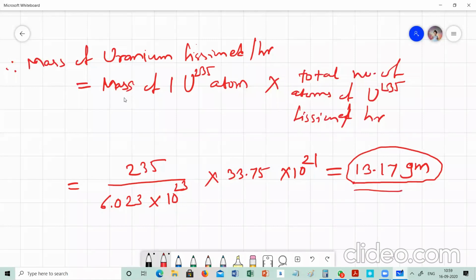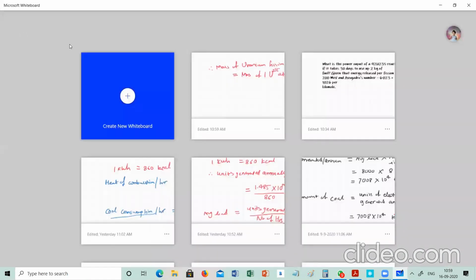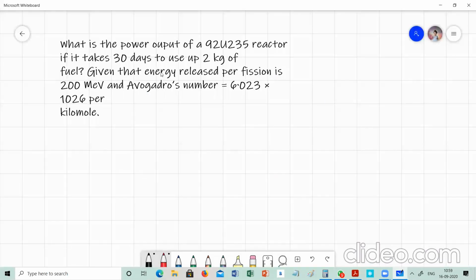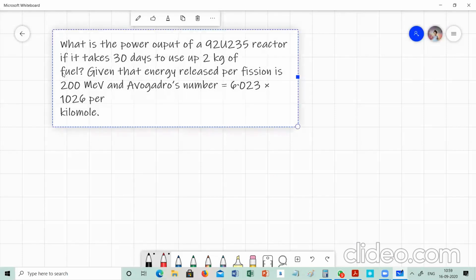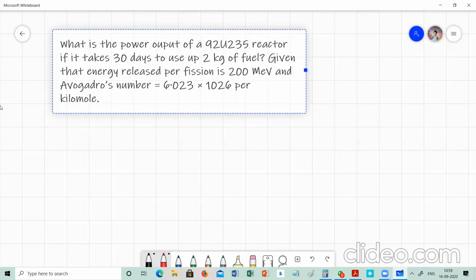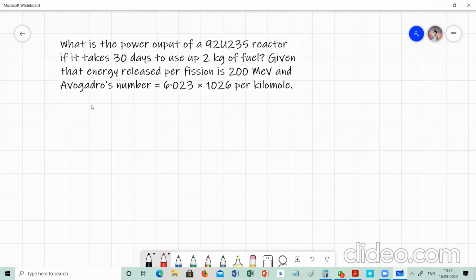Now we will see the second problem. The problem is, what is the power output of a uranium 235 reactor if it takes 30 days to use up 2 kilogram of fuel?